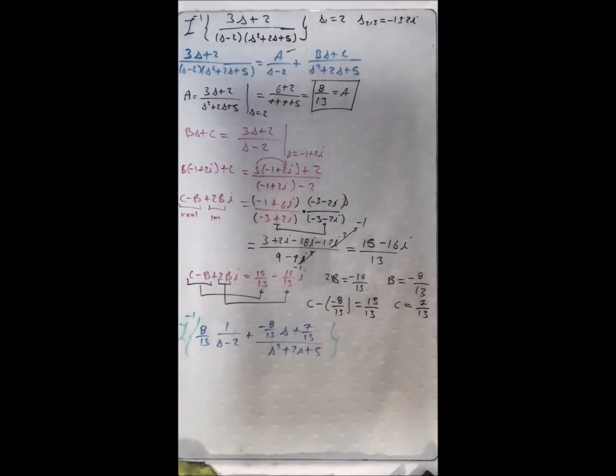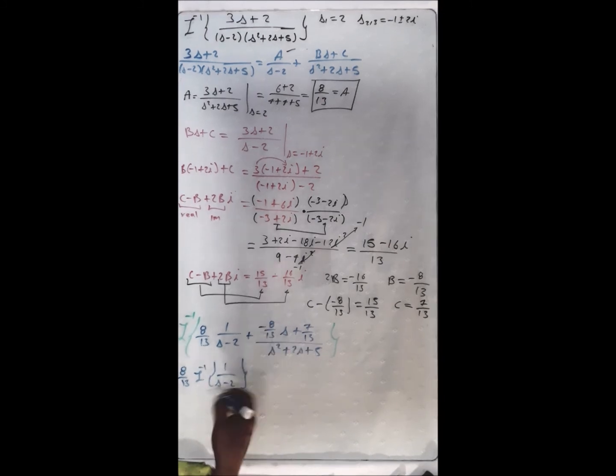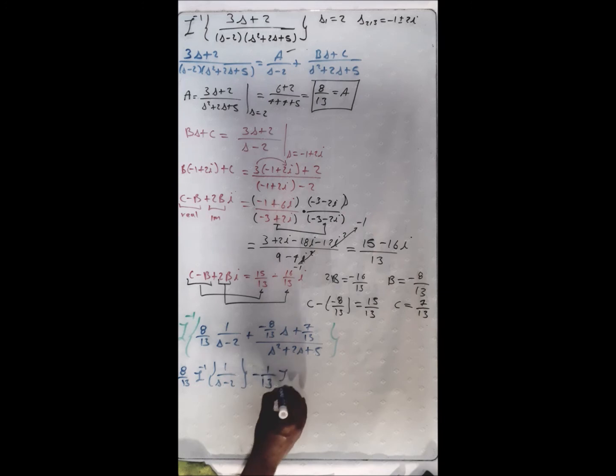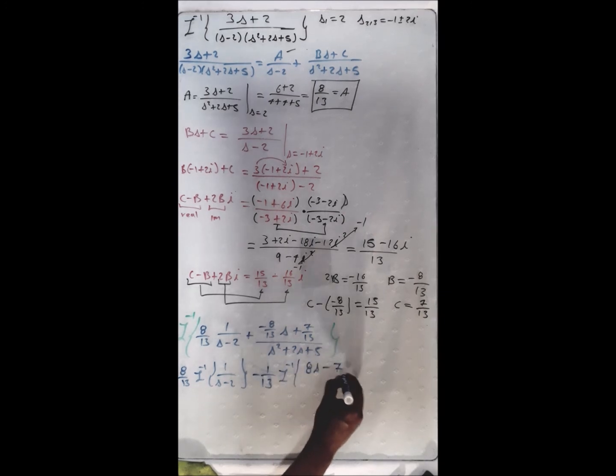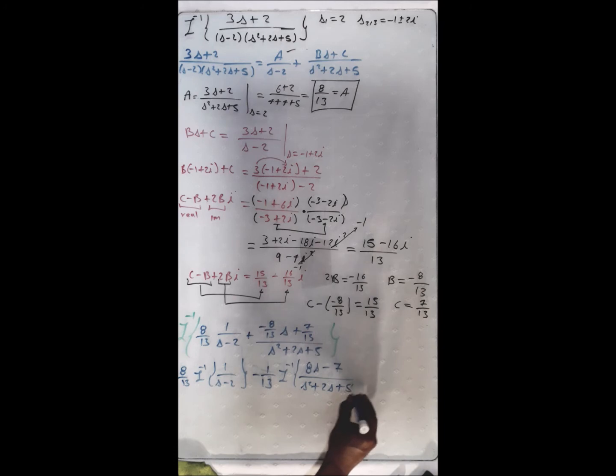Okay, so it's going to be 8 over 13, the Laplace inverse of 1 over s minus 2, and then from here we can factorize the 1 over 13 because it's the same number, and I'm going to also factorize the minus 1 over 13, the Laplace inverse of 8s minus 7 because we factorize the minus, remember, over s squared plus 2s plus 5.